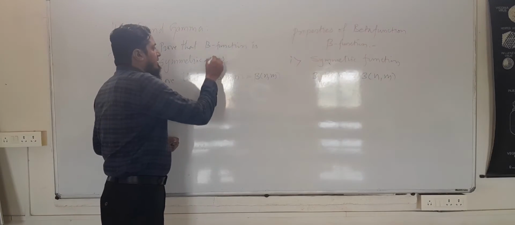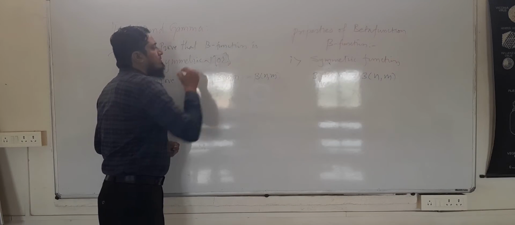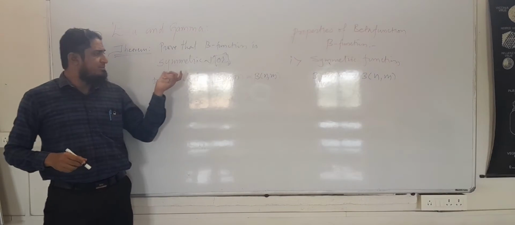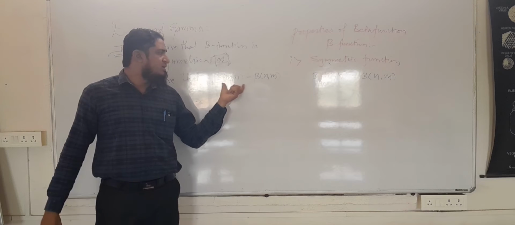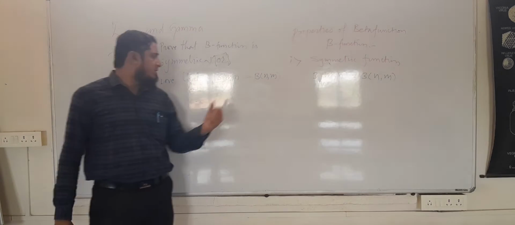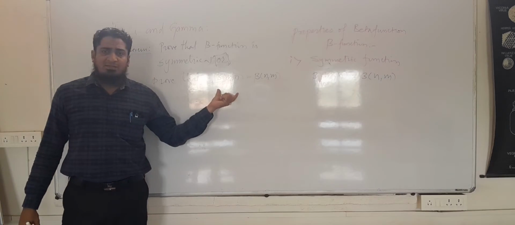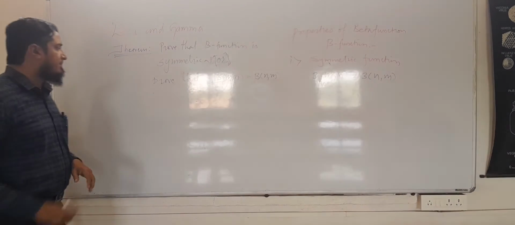Here we have to write or prove that beta function is symmetrical. It means we have to prove that beta m n is equal to beta n m. Or they can simply ask you to prove that beta m n is equal to beta n m.